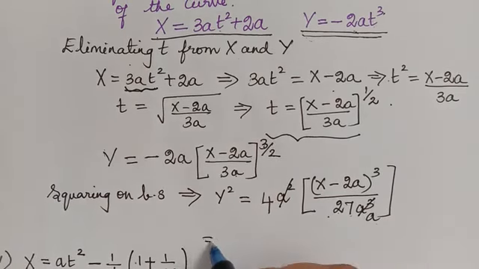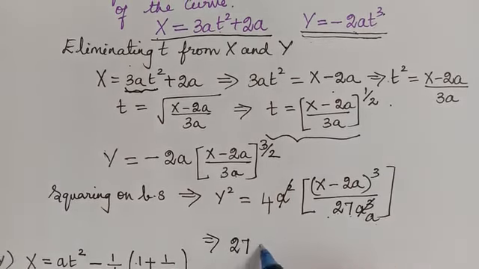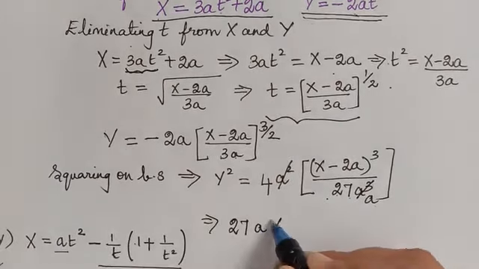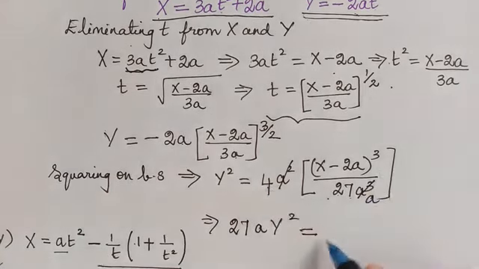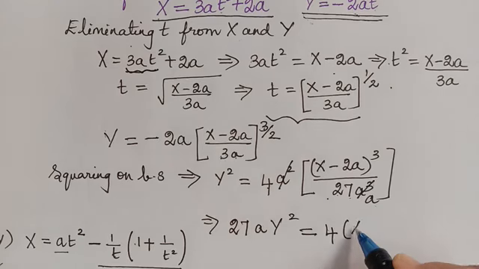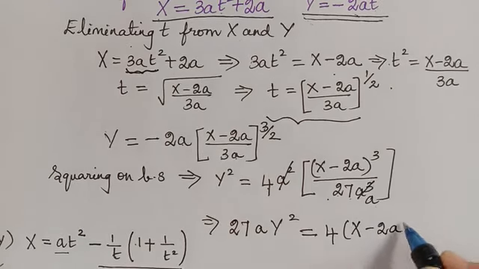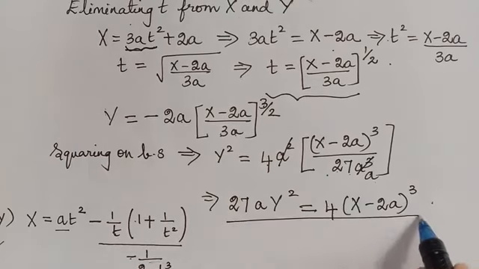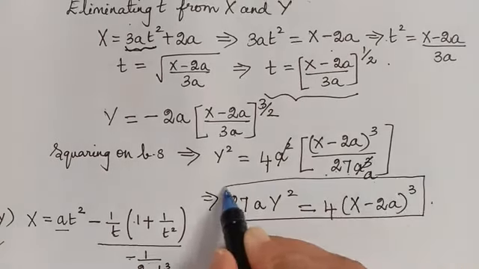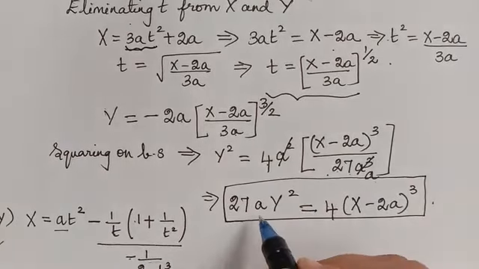So what we will get is 27a y squared to be equal to 4 multiplied with x minus 2a the whole cube. So this is the evolute of the parabola. We have found the evolute of the parabola.